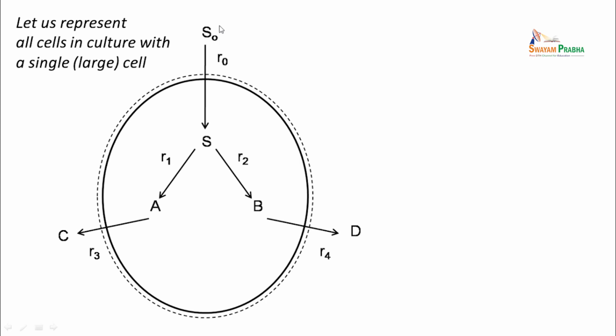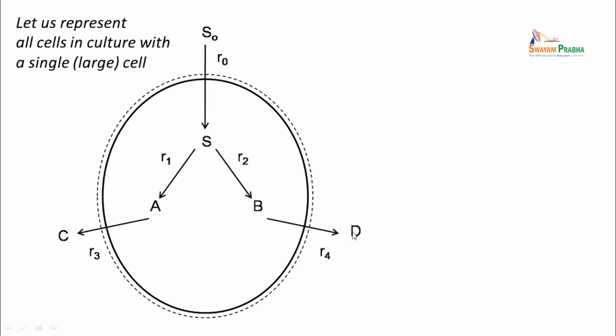S0 is a substrate that's outside, that goes inside and gets converted to S through the reaction R0. Then S could get converted to A or B. It gets converted to A at a rate of R1, which is moles per time, and it gets converted to B at the rate of R2 moles per time.